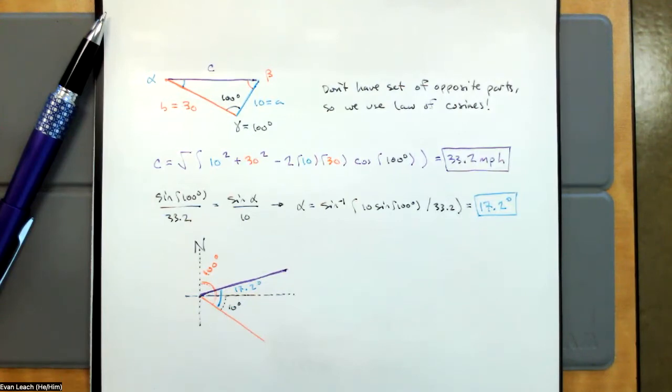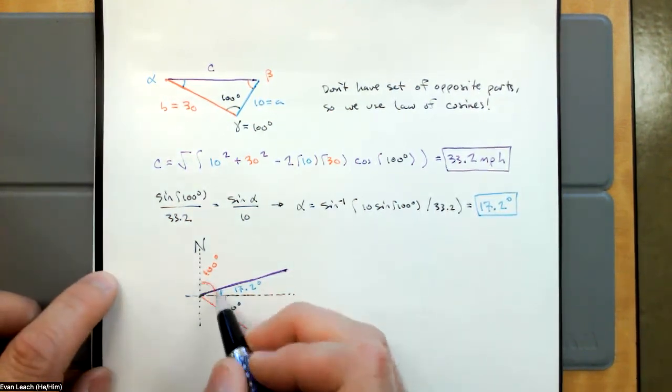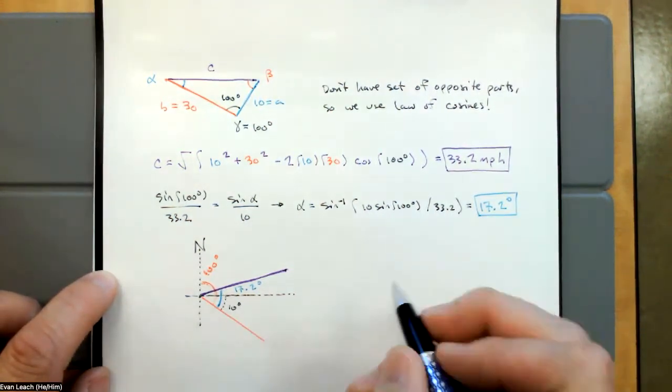So it looks like the actual path of the boat will be 7.2 degrees north of east. So the actual heading for the boat, if we just do 100 minus 17.2.